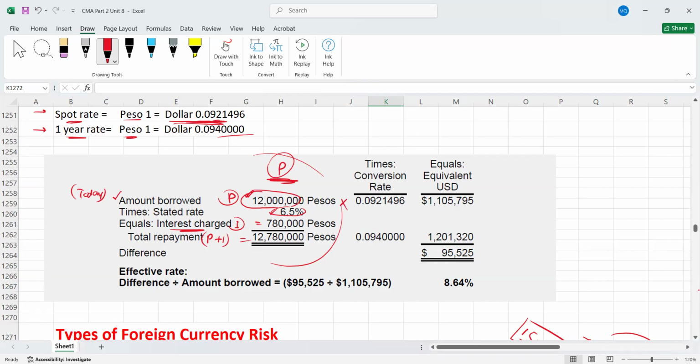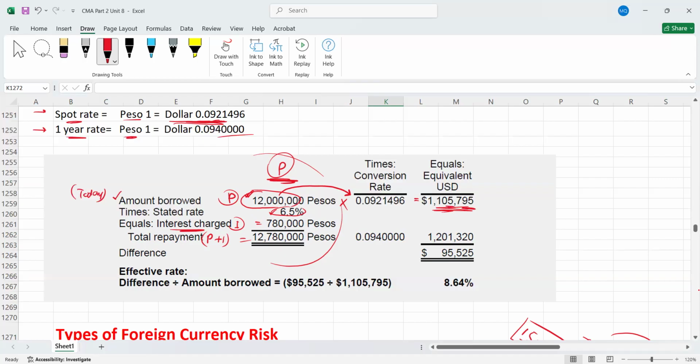If I convert this peso at the spot rate, I will effectively get this much dollar, because I have taken a peso loan, right? I will sell the peso. If I sell at the spot rate, in dollars it should be how much? 1,105,795. Okay, this is the value.